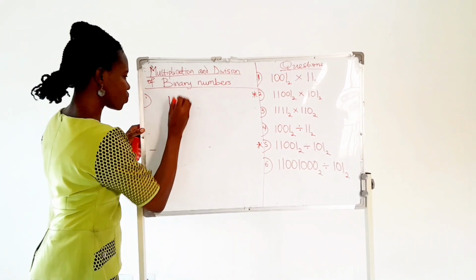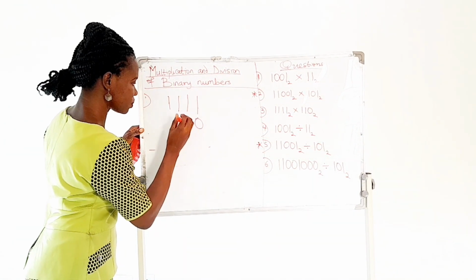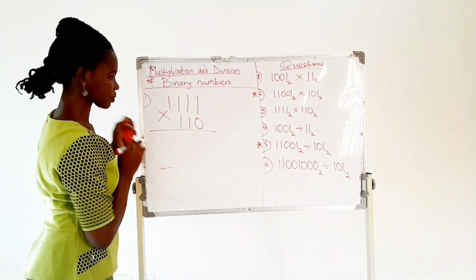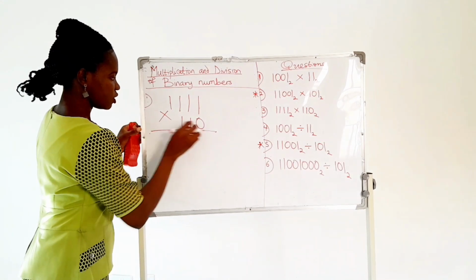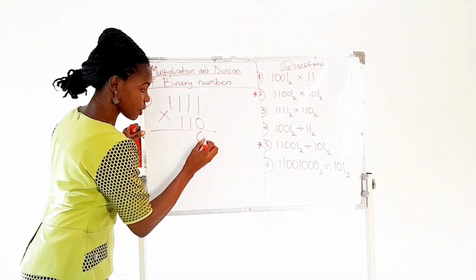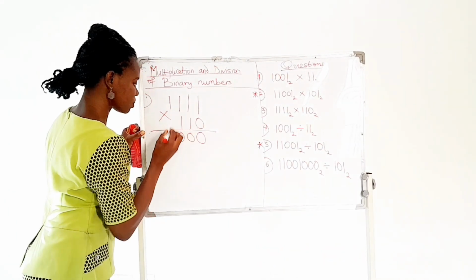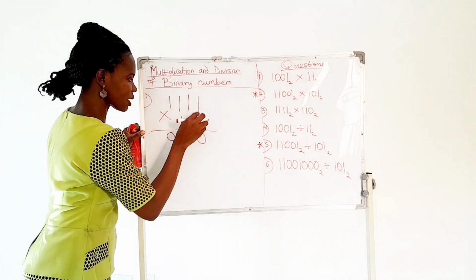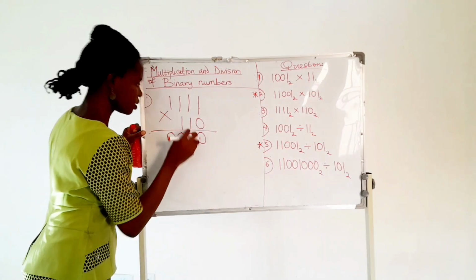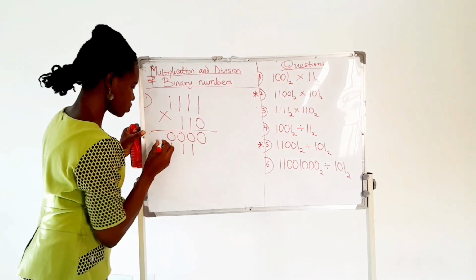I will answer 3. 1111 times 110. We start. 0 times 1 is 0. 0 times 1 is 0. 0 times 1 is 0. 0 times 1 is 0. 1 times 1, 1. We're going to write it under this second digit. 1 times 1, 1. 1 times 1, 1. 1 times 1, 1.